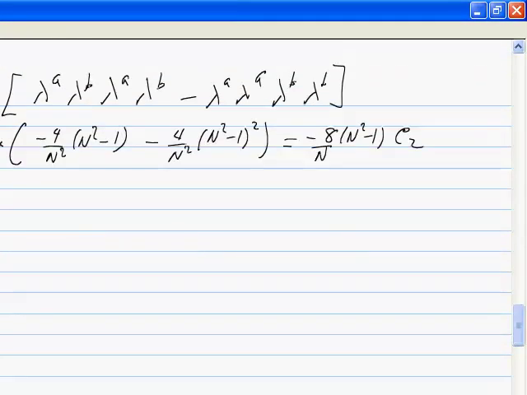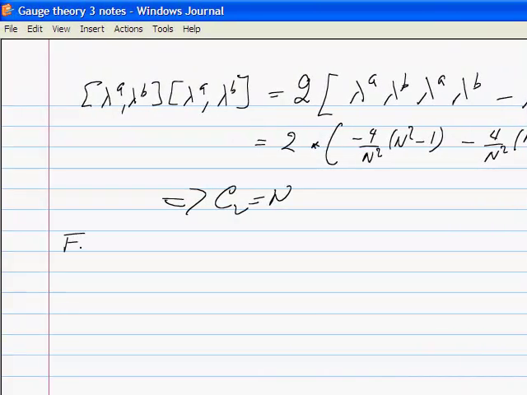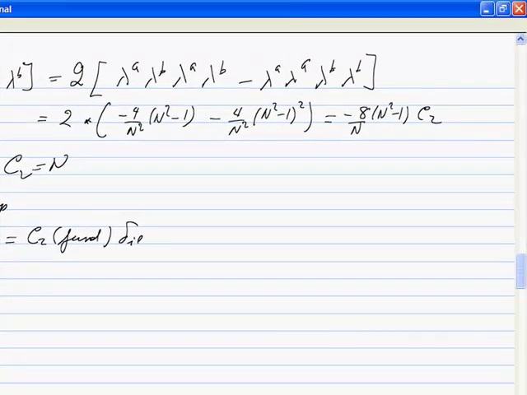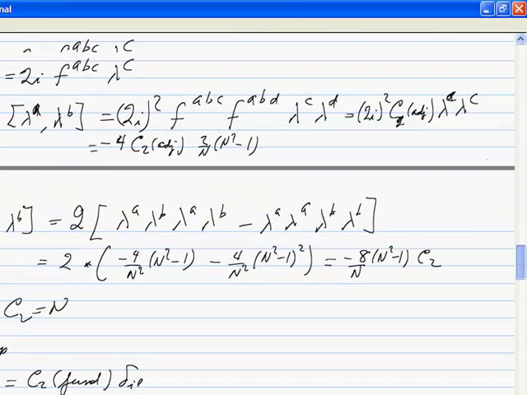Okay, let me do two other things at this stage. For the fundamental representation, the quadratic Casimir is defined as lambda A over 2, lambda A over 2, IL is C2 for the fundamental times delta IL times 1.